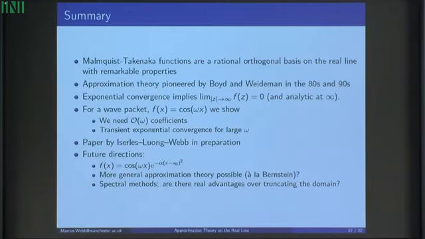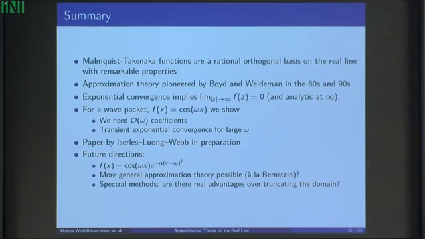Okay, so to summarize, these Malmquist-Takenaka functions have a long history due to their remarkable properties, I suppose. Their approximation theory, which is what we're interested in today, was pioneered by Boyd and Weideman in the 80s and 90s independently.